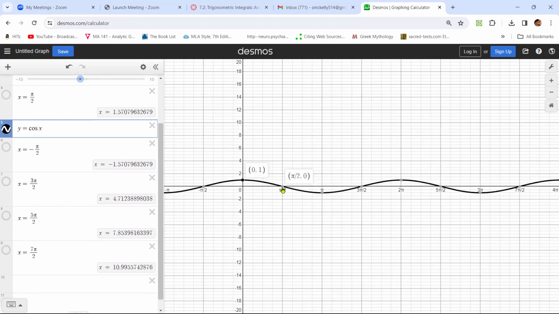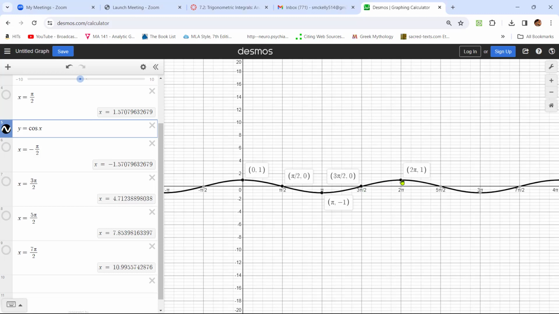Cosine of pi over 2, 0. Cosine of pi, -1. Cosine 3 pi over 2, 0. Cosine 2 pi, 1. If you don't remember these values, you can look back at your unit circle from trig. You can also plug them into your calculator.